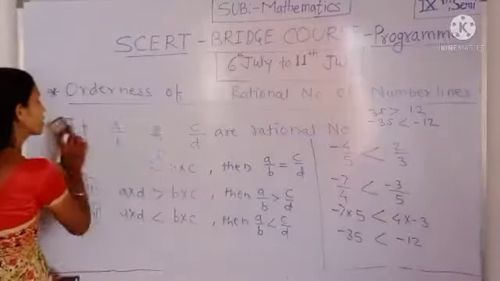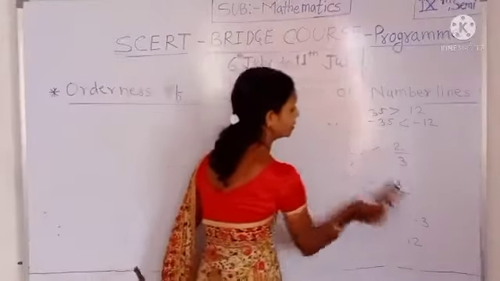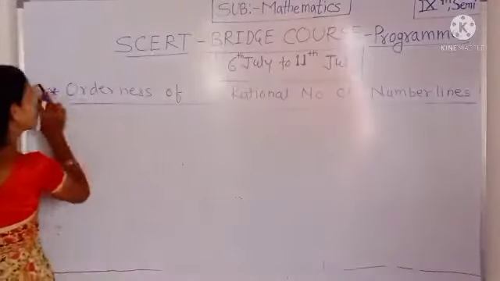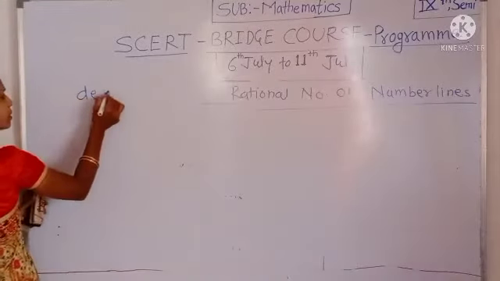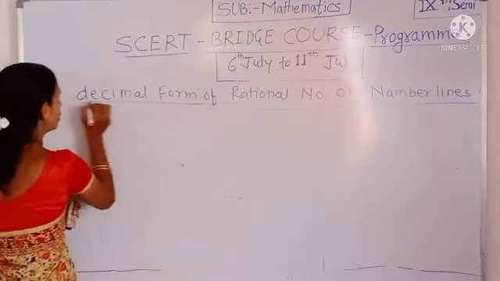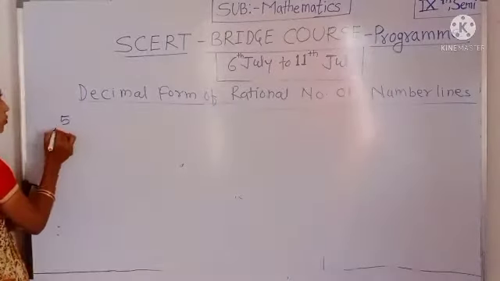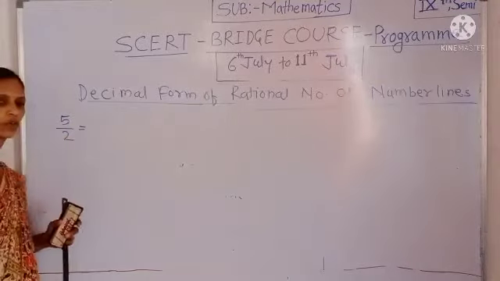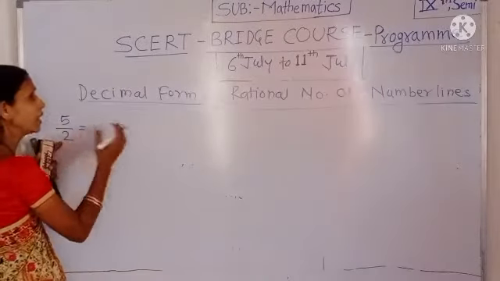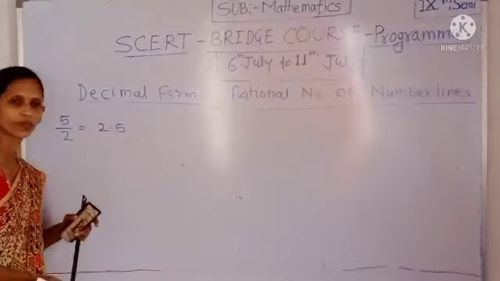Then one more concept, the last concept I am going to discuss with you: we can represent a rational number in decimal form. There are a few examples. 5 upon 2, a rational number in m upon n form, can be written in decimal form as 2.5.